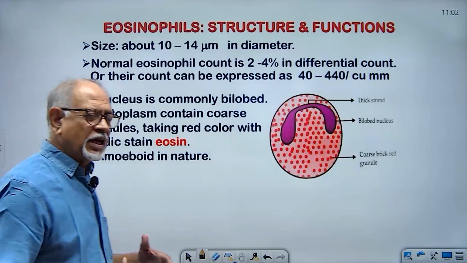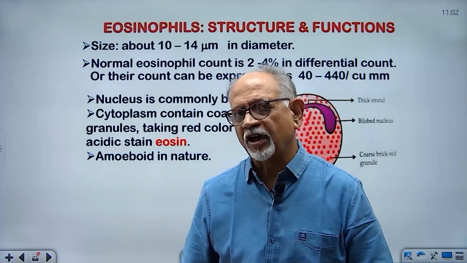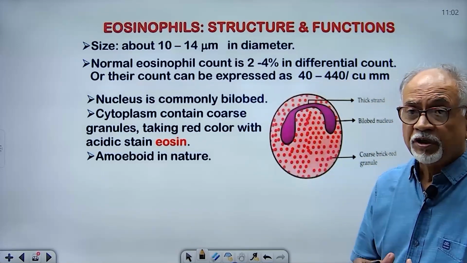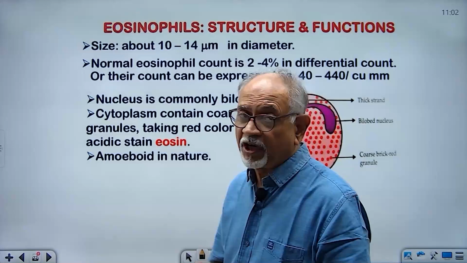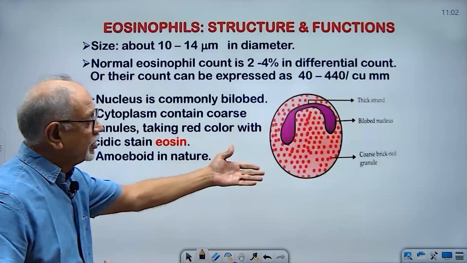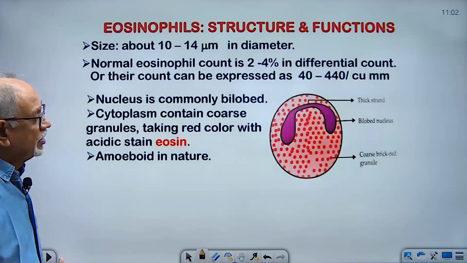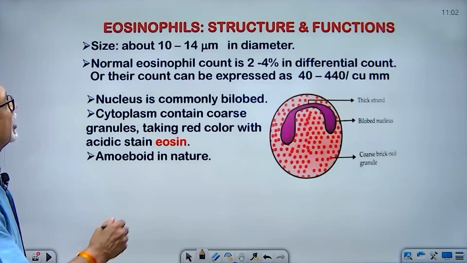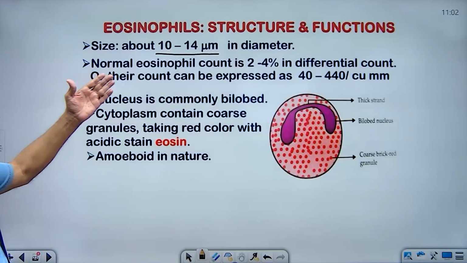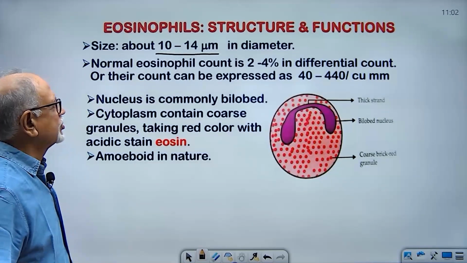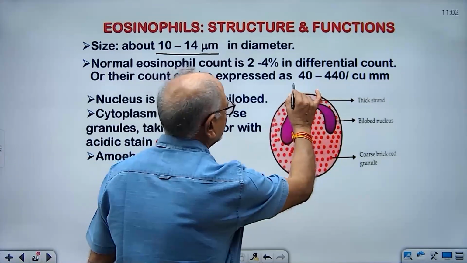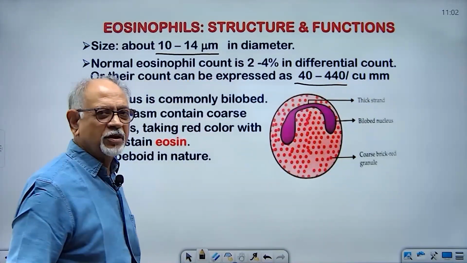Now, eosinophils, as I just mentioned, are the leukocytes which are granulocytes and take the stain of a dye called eosin. It is a red colored dye, as you can see here. The nucleus of the eosinophil is bilobed. They are about 10 to 14 μm in diameter. Their count is 2 to 4% in differential count, or their total count can be 40 to 440 per cubic millimeter of blood.